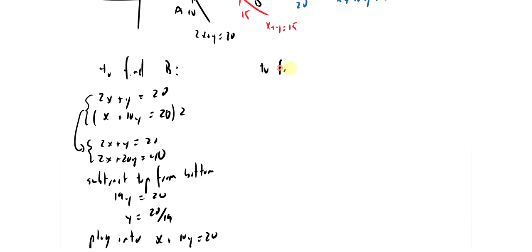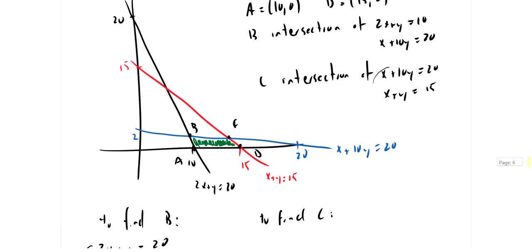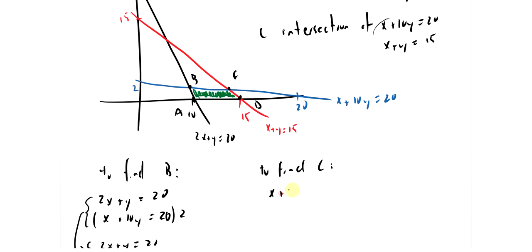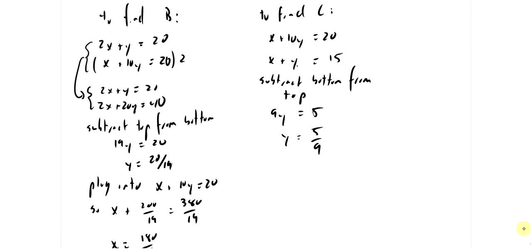How do we find C? Well, same deal. We want to find the intersection of these two lines. x plus 10y equals 20 and x plus y equals 15. Now, fortunately, coefficients on x already line up, so we can just subtract bottom from top. x minus x is 0, 10y minus y is 9y, 20 minus 15 equals 5, y equals 5 over 9.